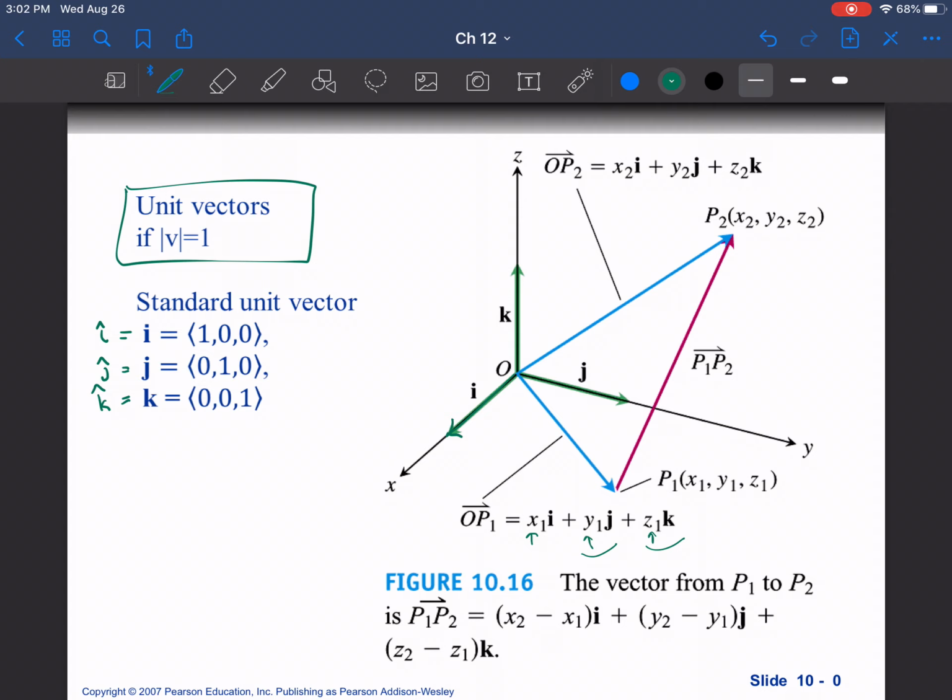All right, and so then we can start writing these. Now, why do we have I, J, K? There are some books that would call this X hat, Y hat, and Z hat, and I'll probably fall back to doing that sometimes because I just kind of like that better.